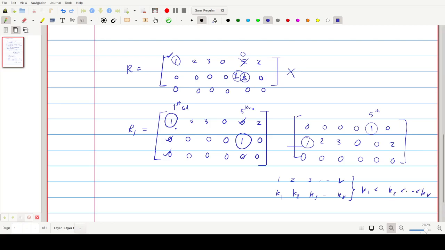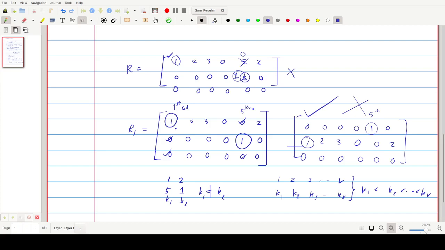For this matrix we have only 2 non-zero rows, and the leading entry of the first row comes in the fifth column, so k1 is 5 here, and in the case of the second we have 1, so this is k2. So we cannot say that k1 is less than k2, okay. So this is not possible, so this is not a row reduced echelon matrix.